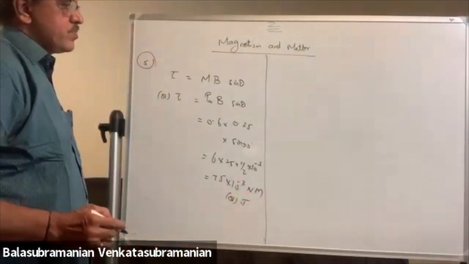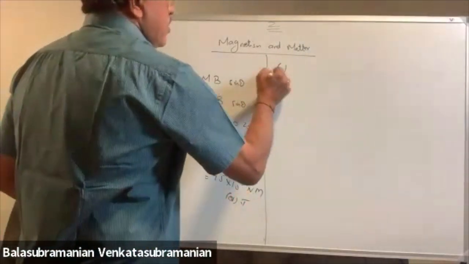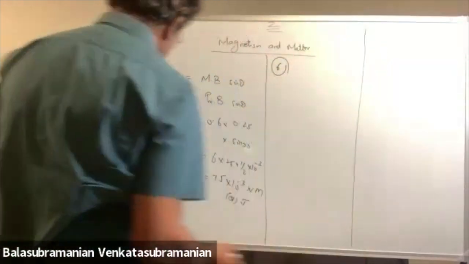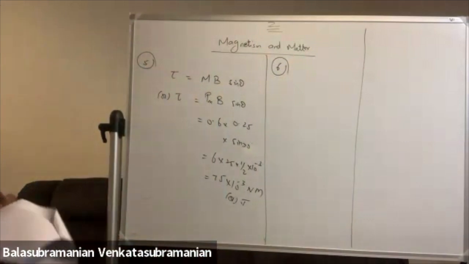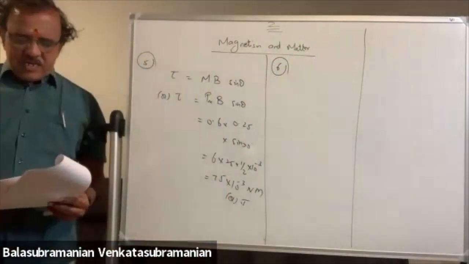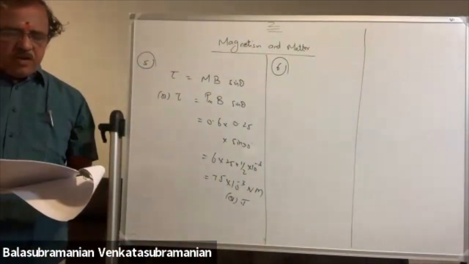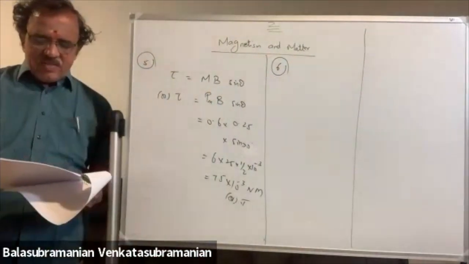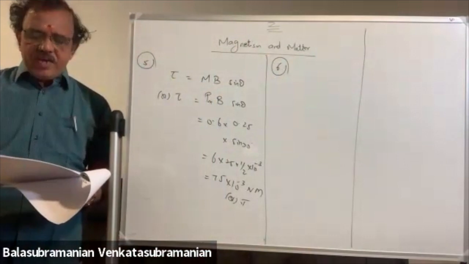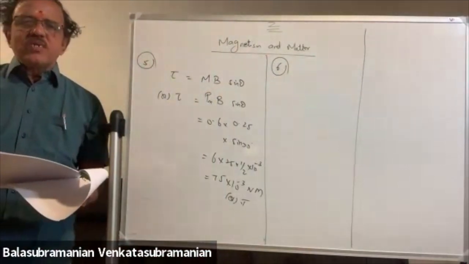Then, sixth problem. A bar magnet of magnetic moment 1.5 ampere meter square lies aligned with the direction of magnetic field 0.22 Tesla.